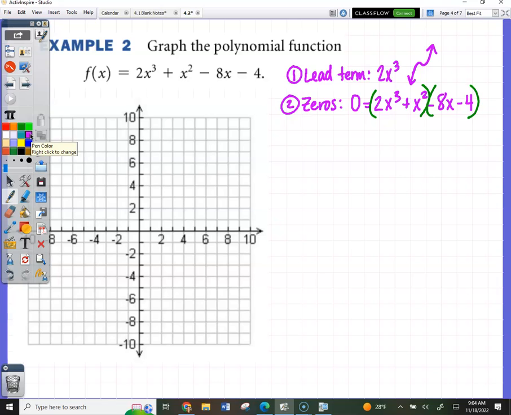Pull it to the front. I'm going to move this over so I don't run out of room. Pull an x squared to the front of it, right parentheses, and now think of what would be left. If I factored an x squared out of that, I would have 2x plus 1 left. Now you're going to repeat with the second set of parentheses.